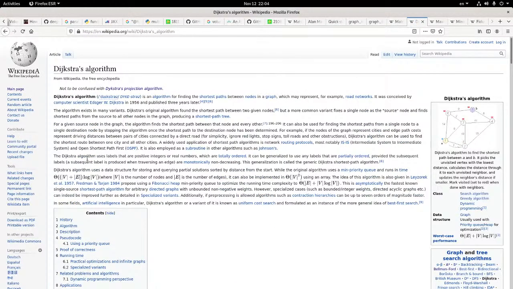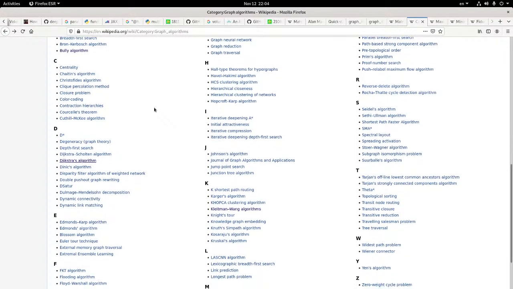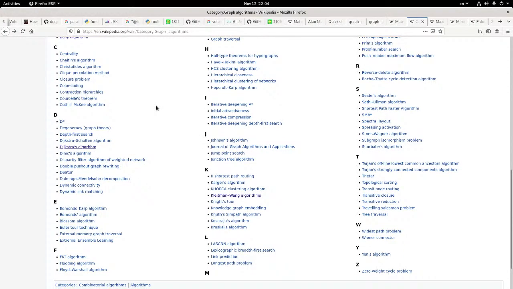Dijkstra's algorithm. Yeah, see, I don't even know what this kind of problem is.